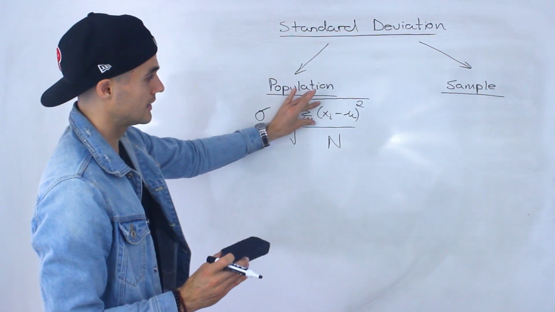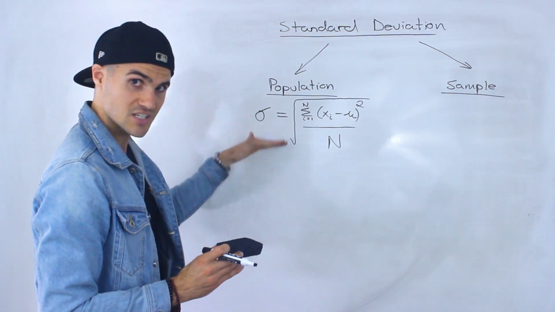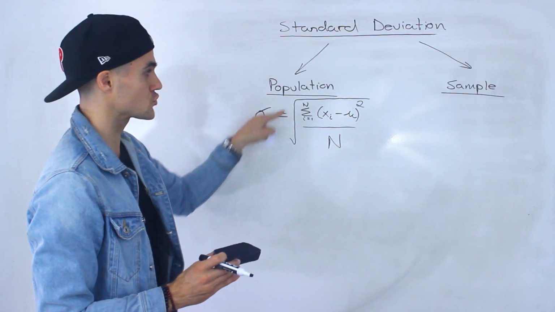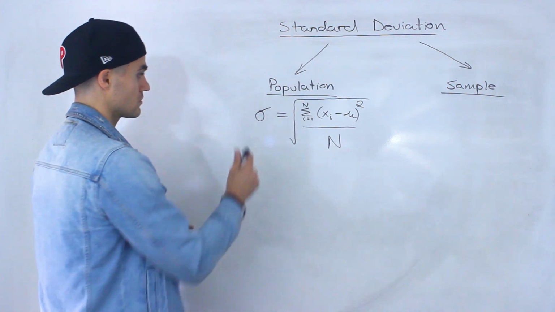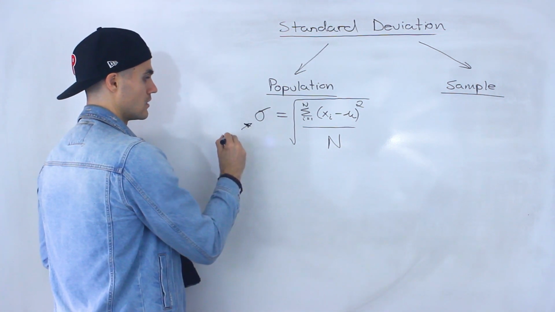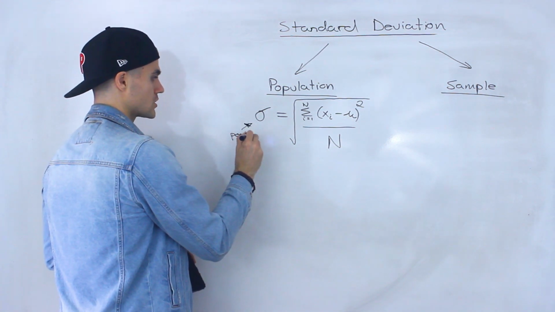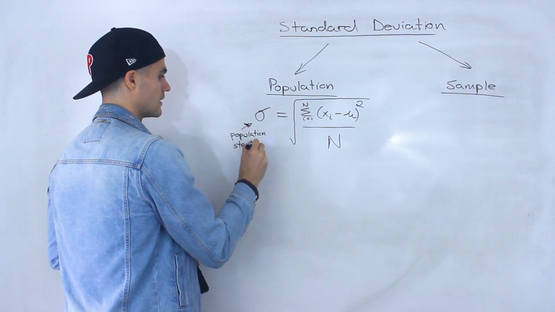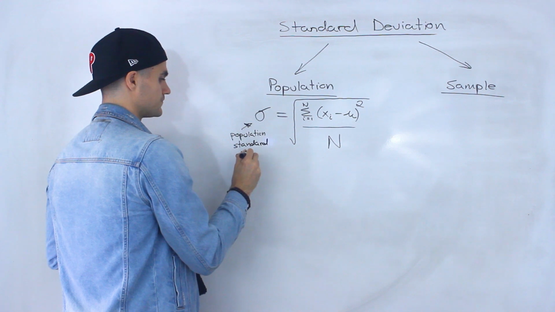So you are taking those squared deviations, summing all of them up, averaging them out, dividing by n, and then square rooting that number. Just want to make a note, it's the population standard deviation.